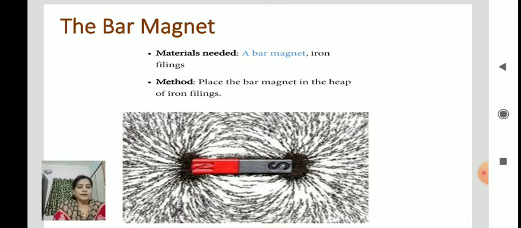More pole strength is at the poles of the magnet. The strength of the poles to attract magnetic materials is known as the pole strength. The pole strength is generally denoted by small m, and the unit of pole strength is ampere meter.